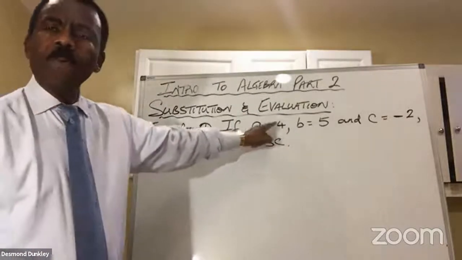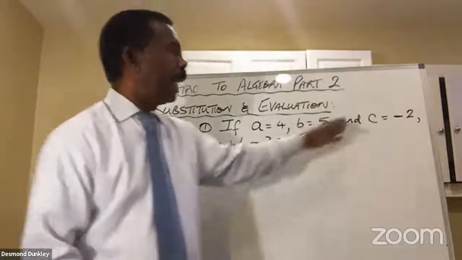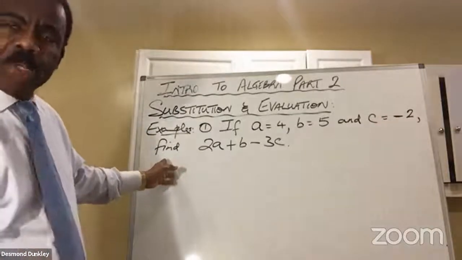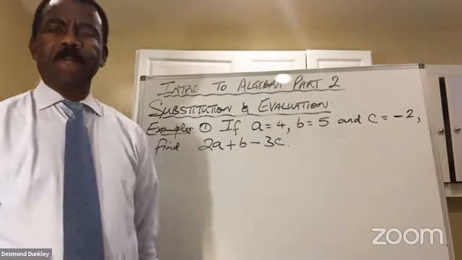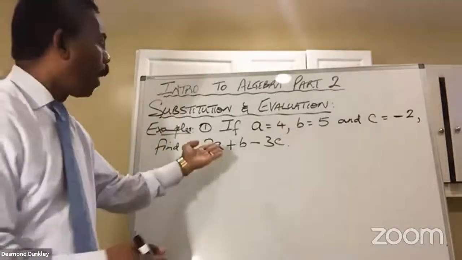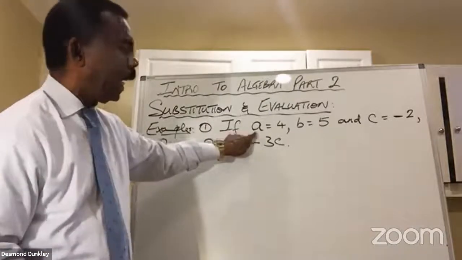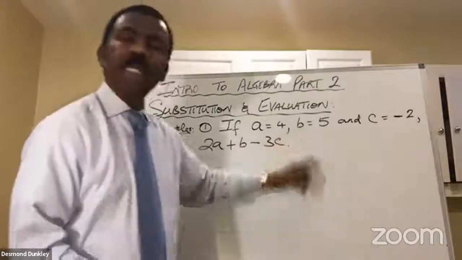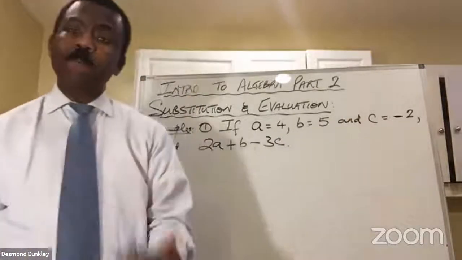If A is equal to 4, B is equal to 5, and C is equal to -2, find the value of 2A plus B minus 3C. So we want to evaluate what this is equal to. We're saying that A is the same as 4 in this example, B is the same as 5, and C is the same as -2.